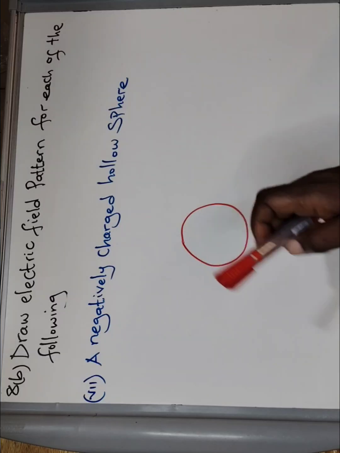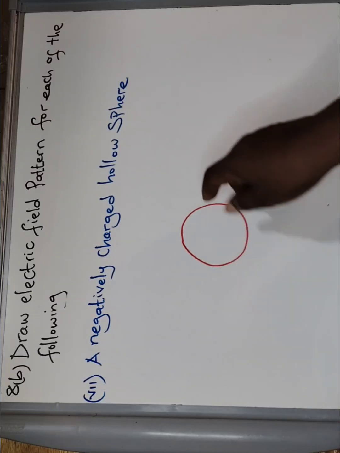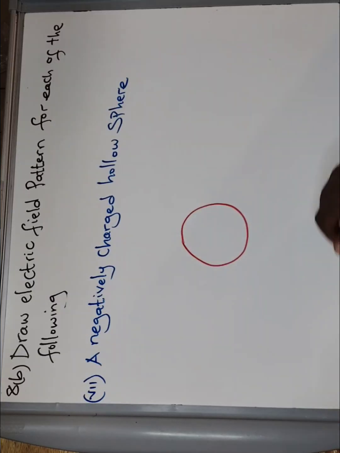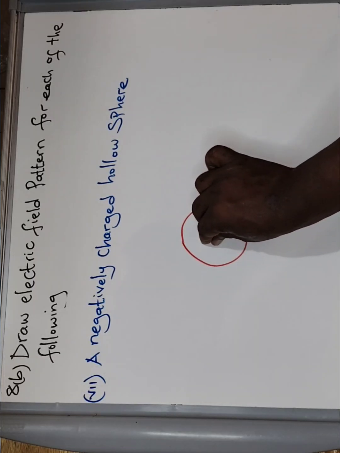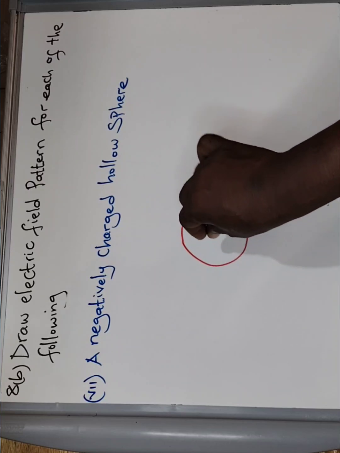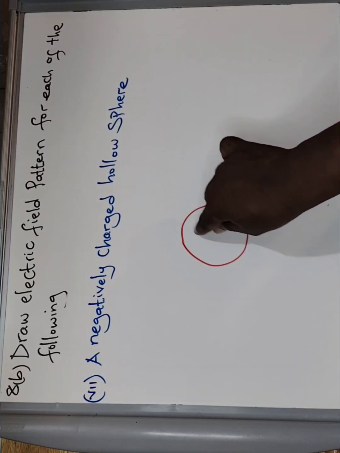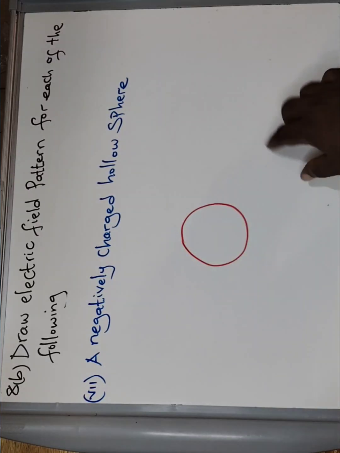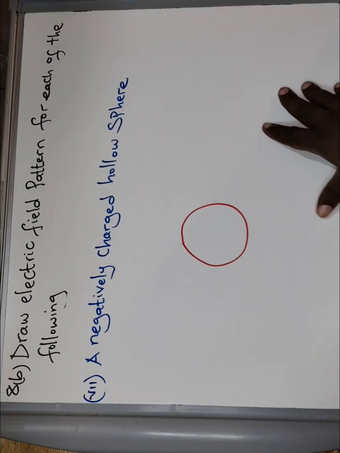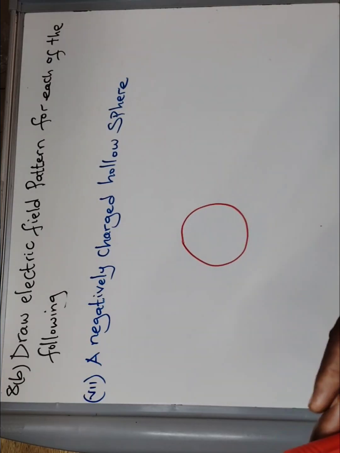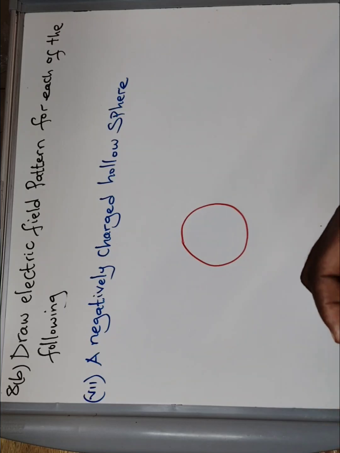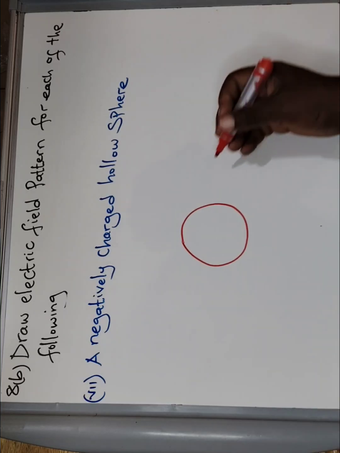Actually, when you go further, this sphere, we normally use it for electric field shielding. When you have an item like a compass and you don't want it to be influenced by electric field, you put it in a hollow situation so that the electric field cannot influence it. So it is only on the outside.